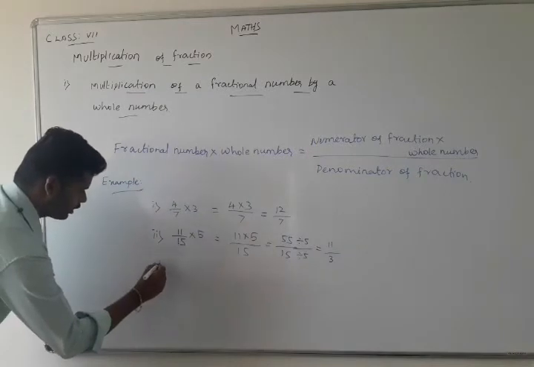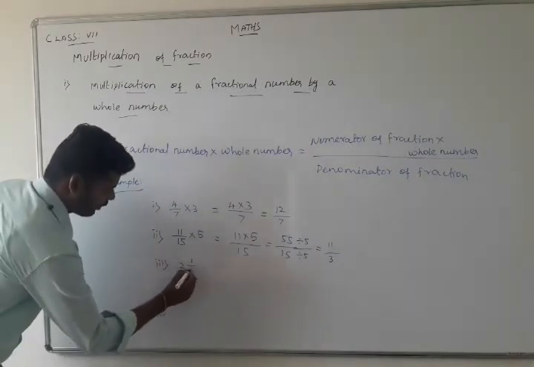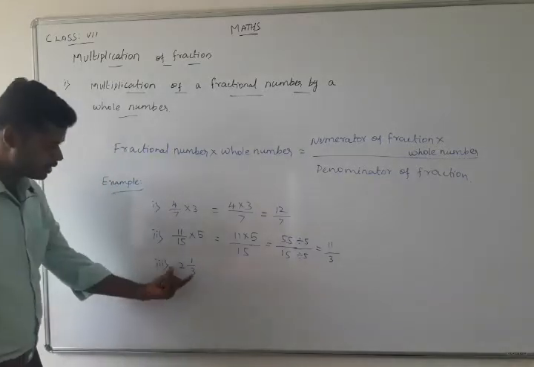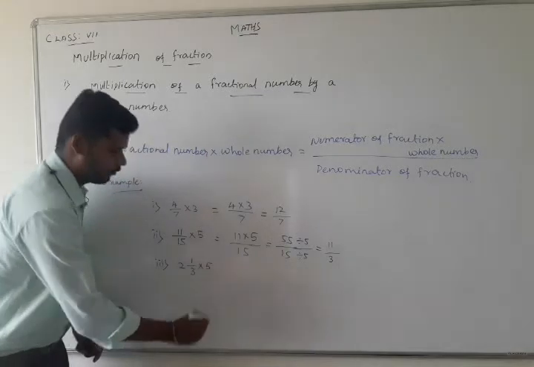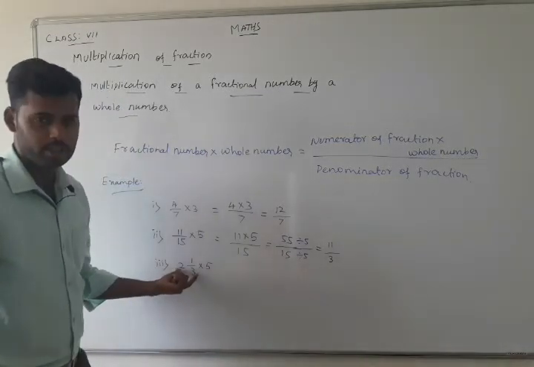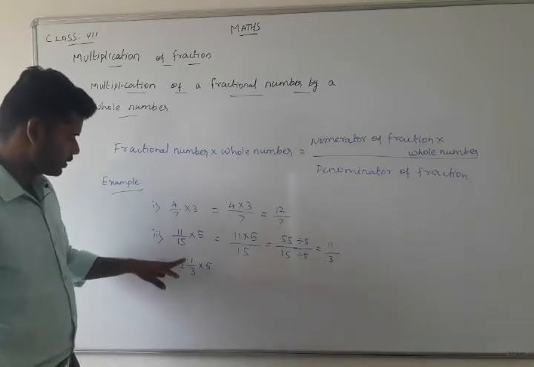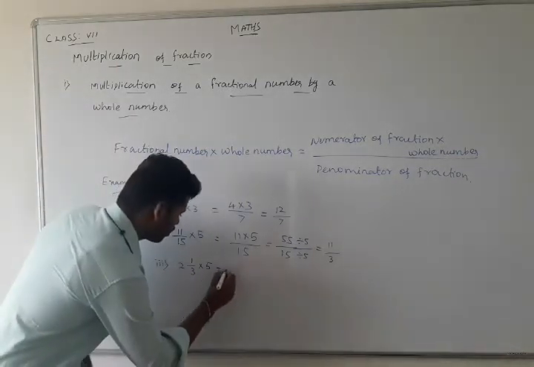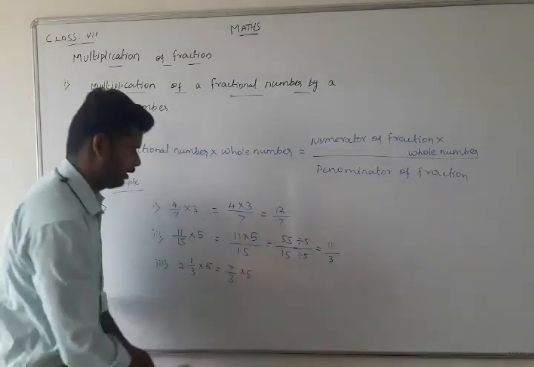Third one, example: 2 1 by 3. This is a mixed fraction into whole number 5. Here, a mixed fraction having, you change it to an improper fraction. 3 2s are 6. 6 plus 1, 7. So 7 by 3 into 5.